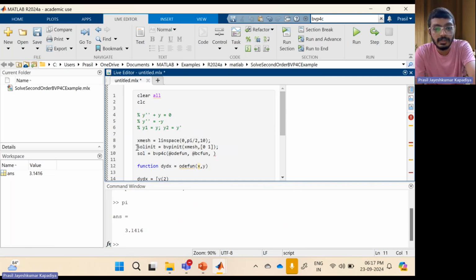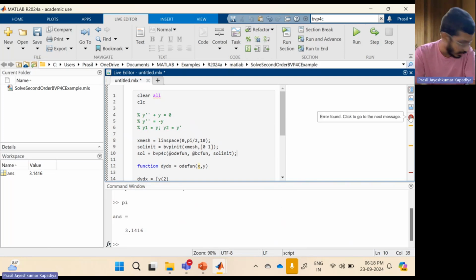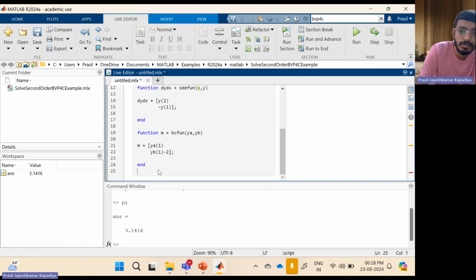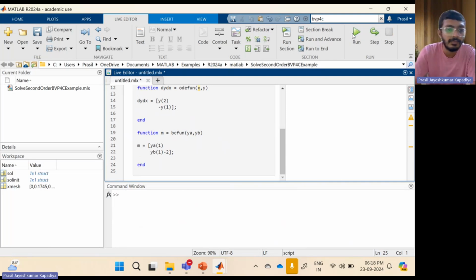I need to give this containing x mesh and 0, 1. So this is what I need to do. Let's try to run this, but it is showing some kind of error. Okay, I am having two ends, these I need to close. So okay, let me run this.